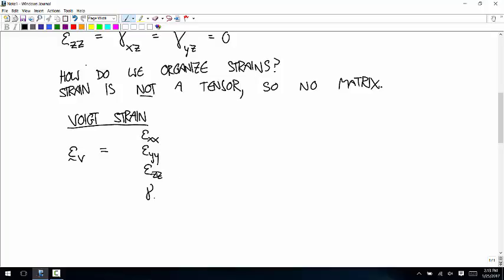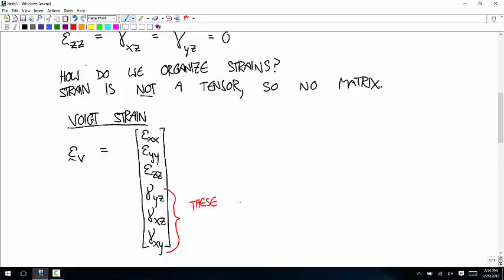So the next one is gamma YZ, then gamma XZ, and then gamma XY. I don't know how it came up that way, but that's just how it is. So all 6 strain values are just entered in this order. These are opposite of what you would expect.